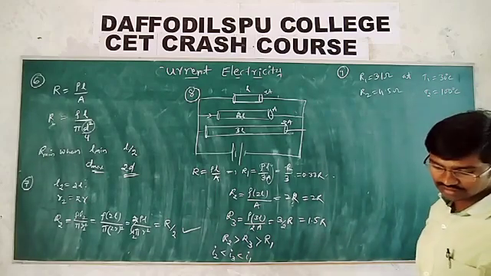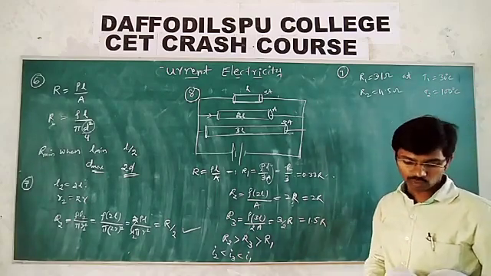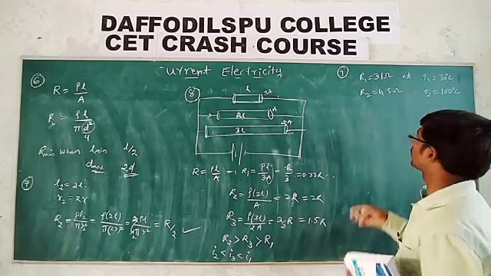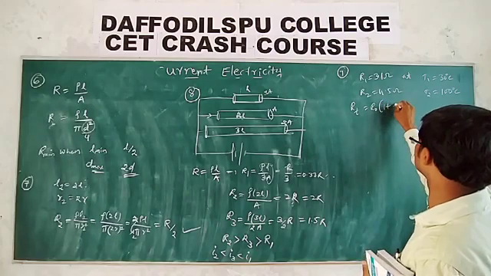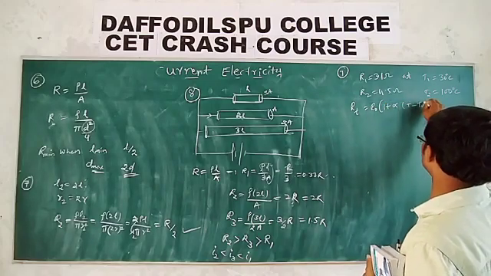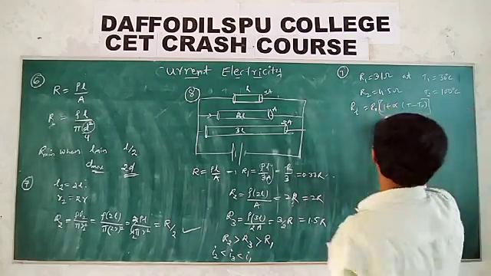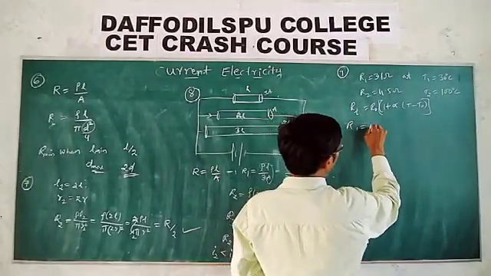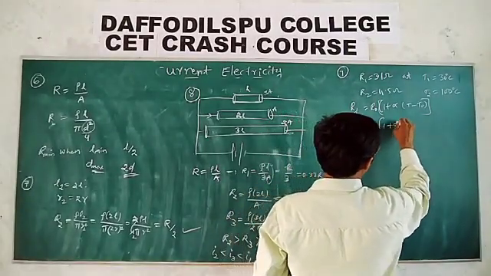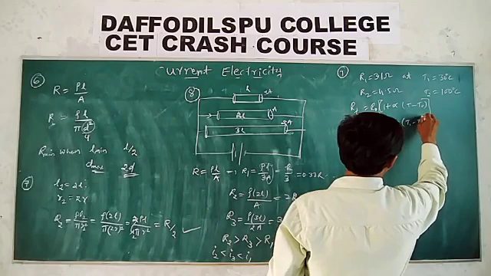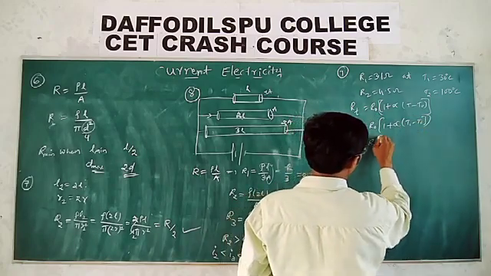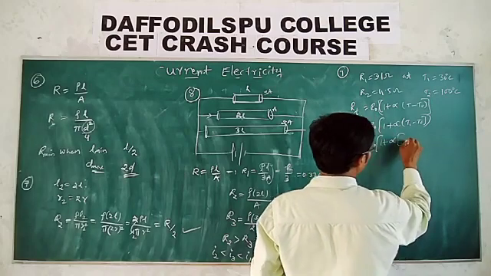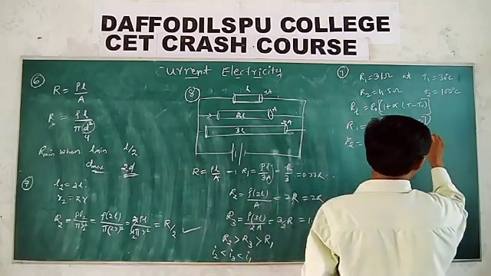We need to calculate the temperature coefficient of the resistance of the wire. The formula for resistance at temperature T is R0 into 1 plus alpha into T minus T0. So R1 is R0 into 1 plus alpha into T1 minus T0, whereas R2 is R0 into 1 plus alpha into T2 minus T0.